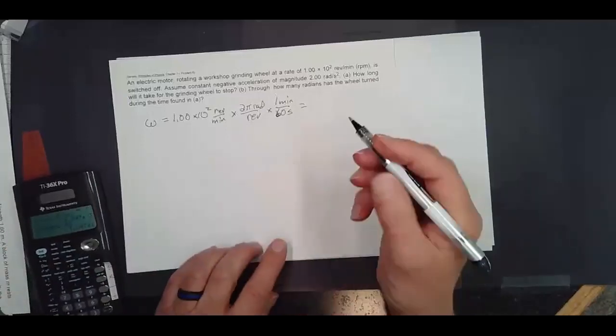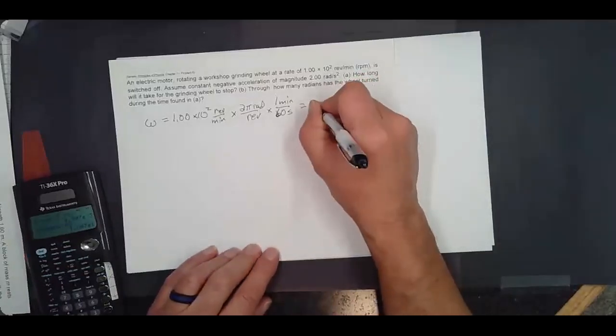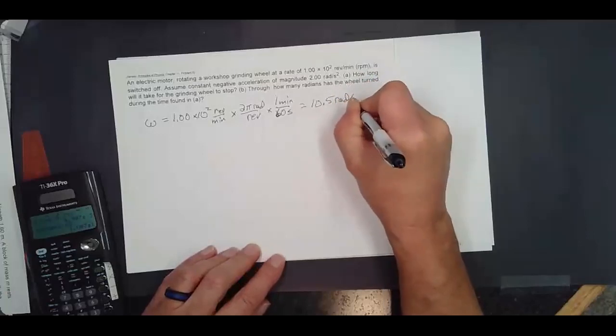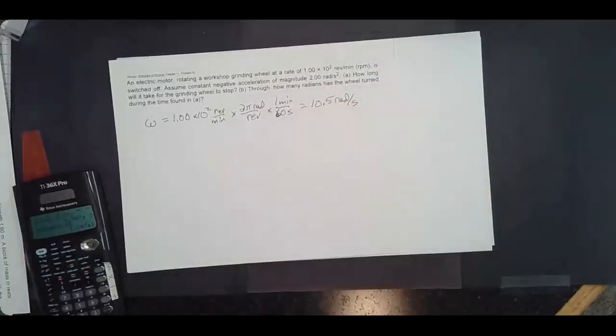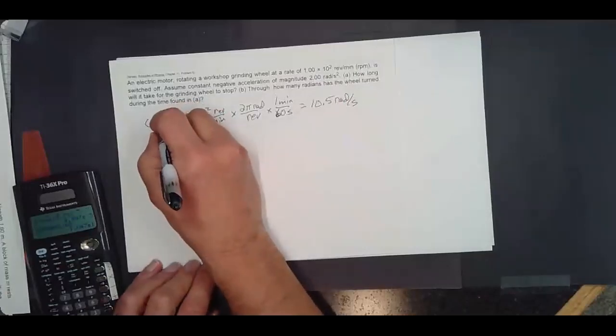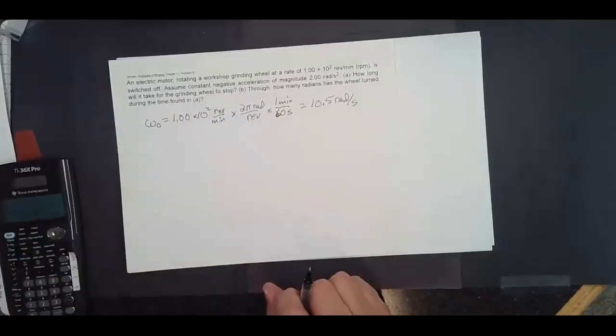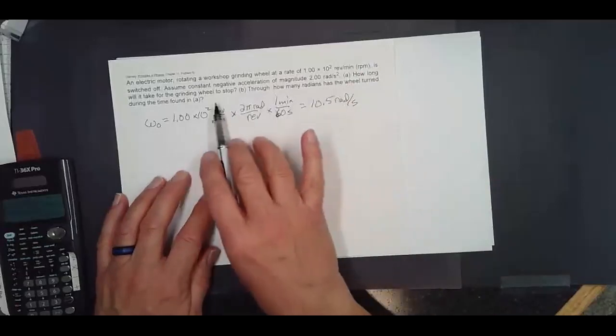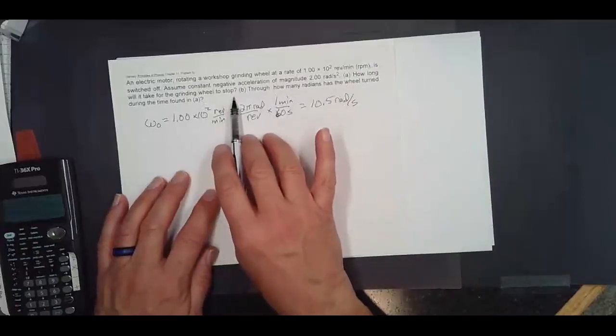Okay, I actually get 10.5 radians per second for that. So that would be our omega value, and that's actually omega naught because it's given there. Okay, how long will it take for the grinding wheel to stop?